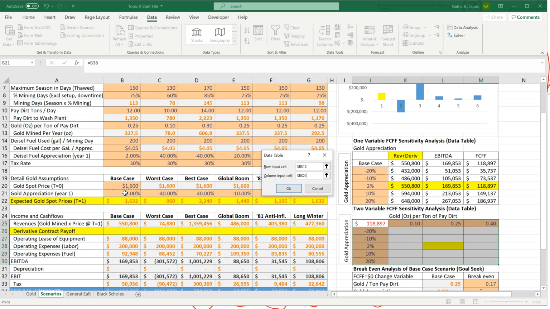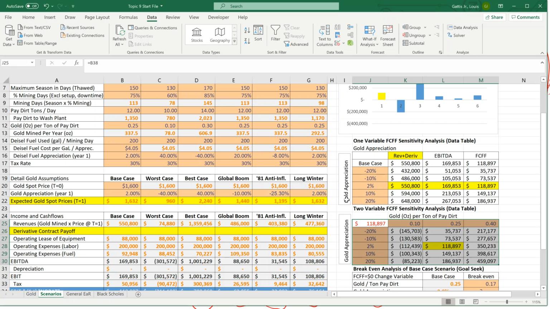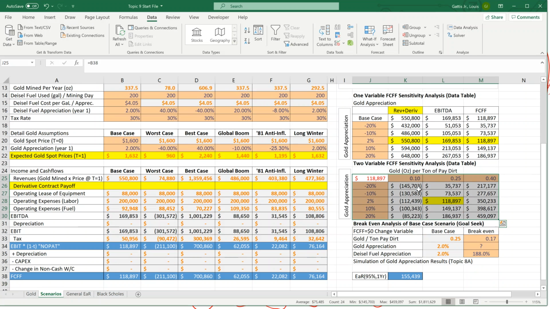So I'm going to put in that B21, hit OK. And now I have my scenarios of gold ounces varying from 0.1 ounces to 0.4 ounces per ton, and gold plus or minus 20%. The center of that data table is my base case of making 118. And what you see from that data table, the worst case scenarios are when gold prices are down and there's not a lot of gold, and that's where they lose the most money. Best case scenarios are where gold is up 20% and gold content is also up.